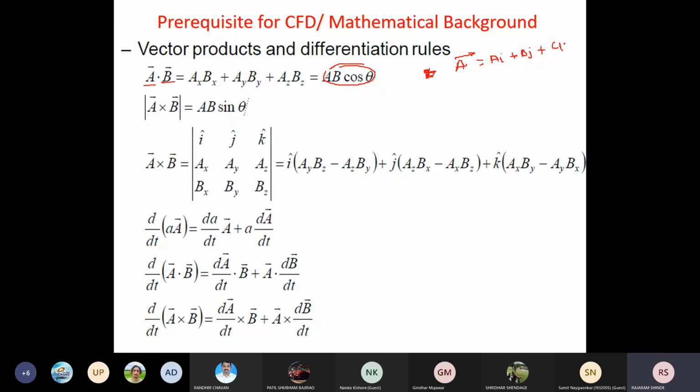Okay, this is in 3 directions. i, j, k are the unit vectors in the x, y, z direction. Okay, and the B vector we can write like this: b1 i plus b2 j plus b3 k. Okay, these are the two vectors.